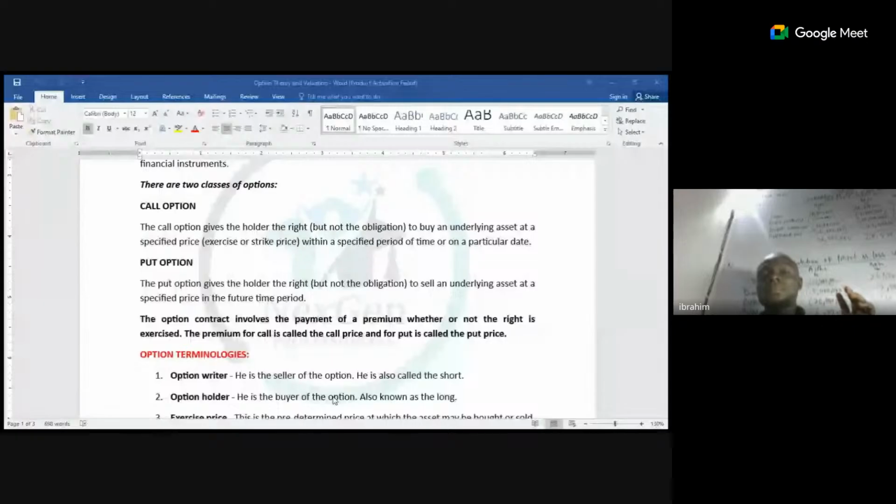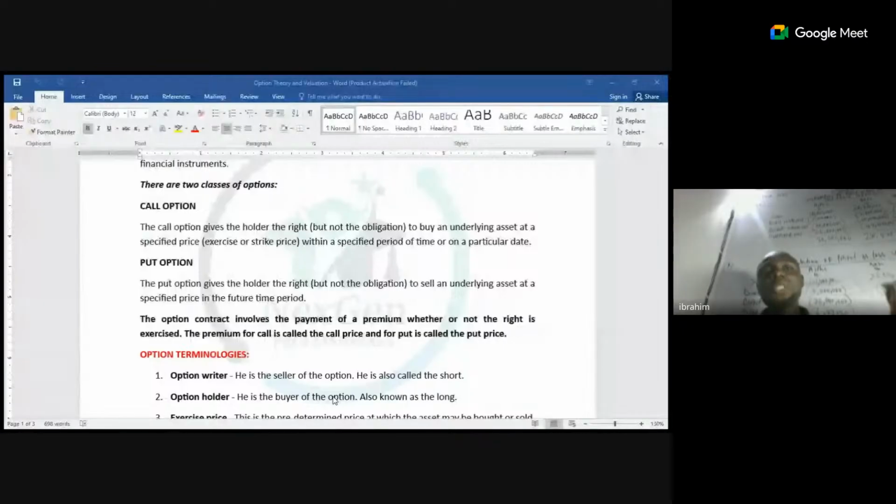In the option markets, you have what we call the option premium. Whether you decide to exercise your right to sell or to buy an underlying asset, or whether you exercise your rights or not, there is an option premium. An option premium could be traced to a transaction cost under the stock market, whether it is call or put.